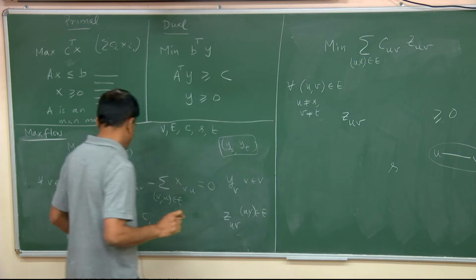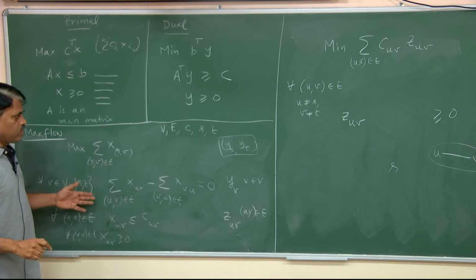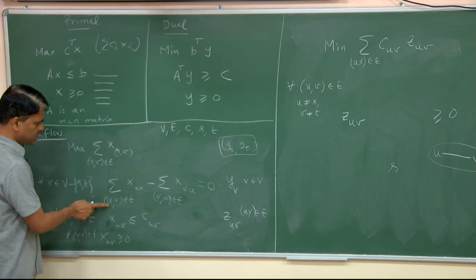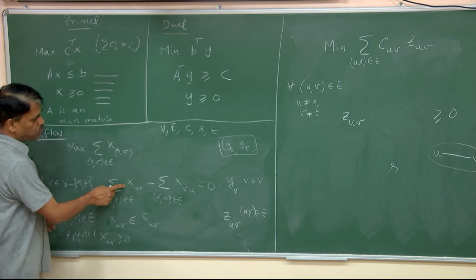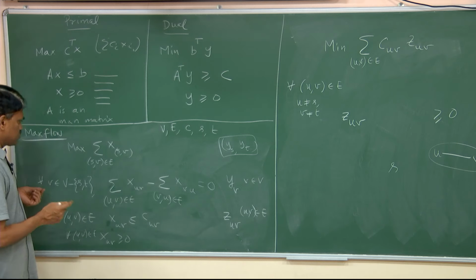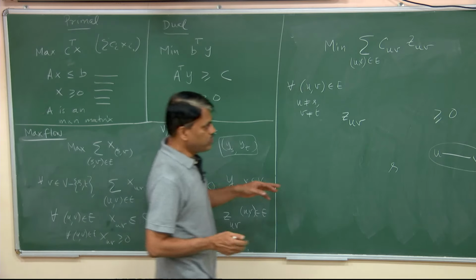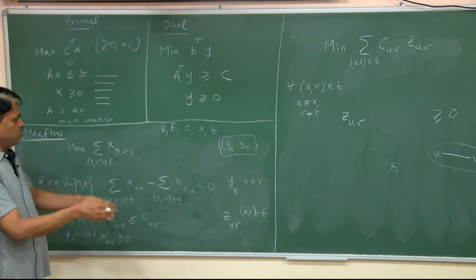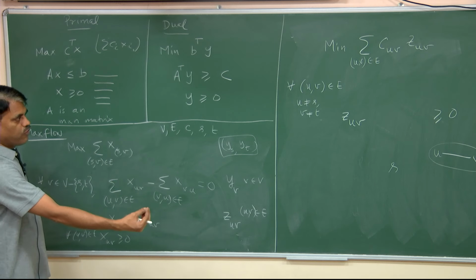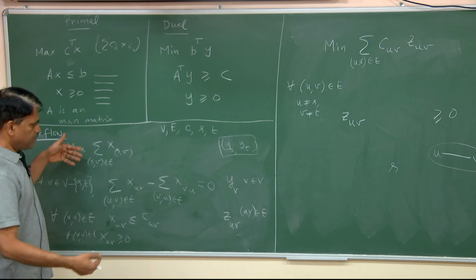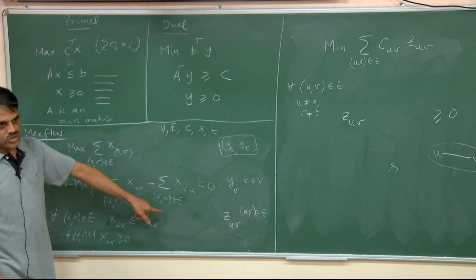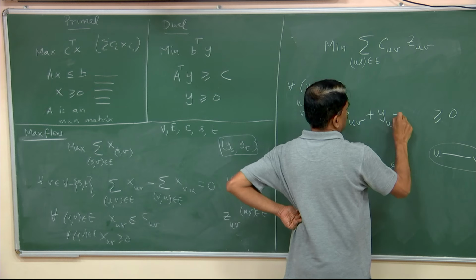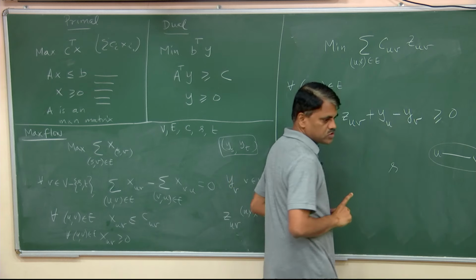And then YU minus YV, because whenever this UV edge is there, you will have the corresponding YU. If you view it from U, you will have a constraint of all edges going out of U with a positive coefficient. If you view it from V, there will be a minus corresponding to that edge. So it's ZUV plus YU minus YV is greater than or equal to 0.